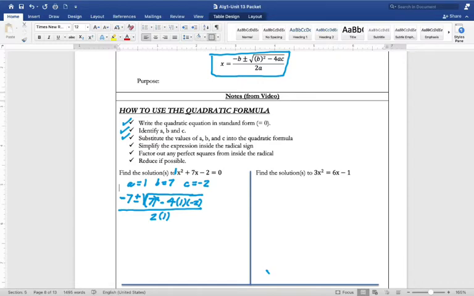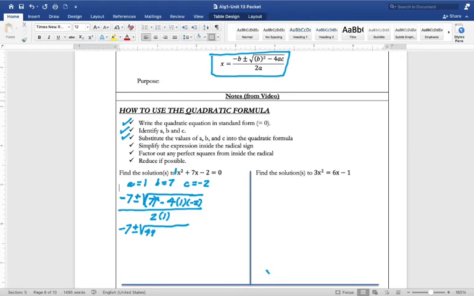Now part 4 says simplify the expression inside the radical sign. And actually I'll simplify everything, but I kind of really want to focus on that because it might be the only thing that needs simplified. So I have this negative 7 sitting here, plus or minus the square root of, okay, here we go. This is how I like to do this. 7 squared is 49.